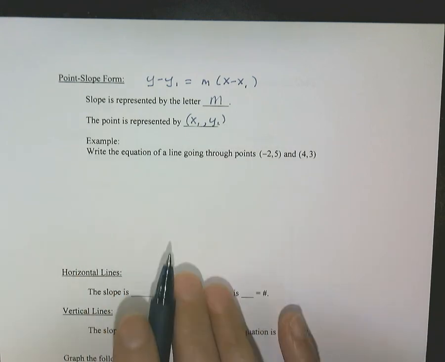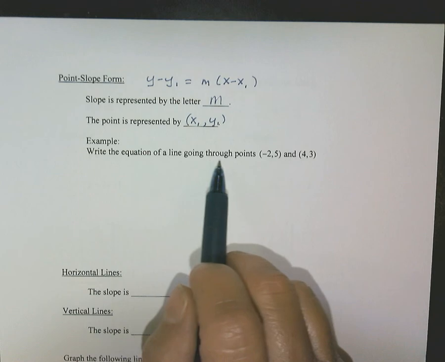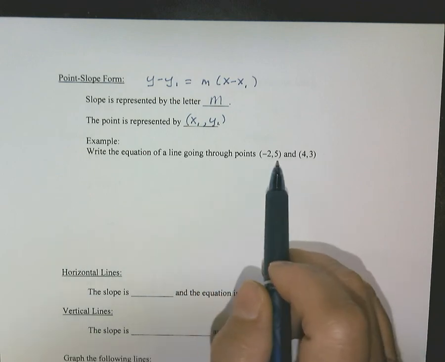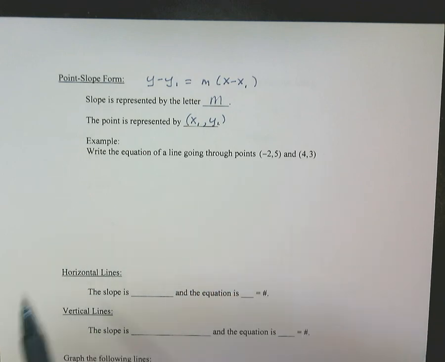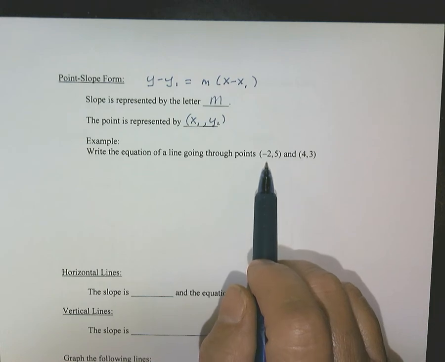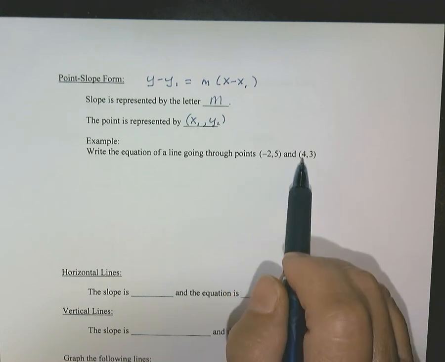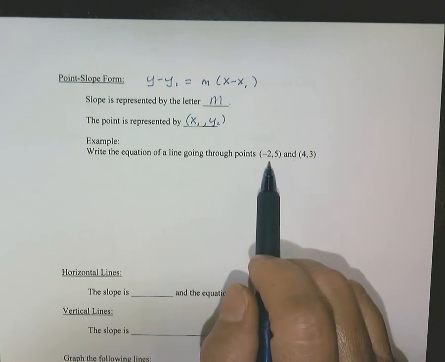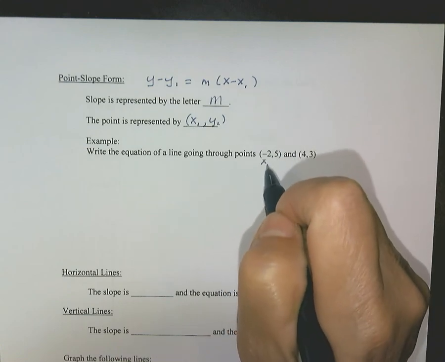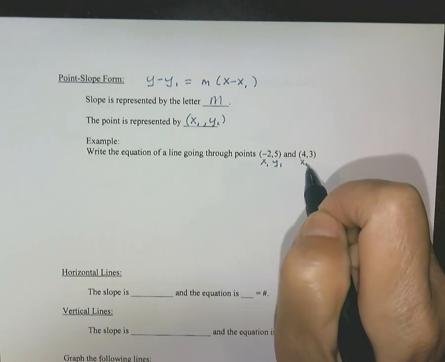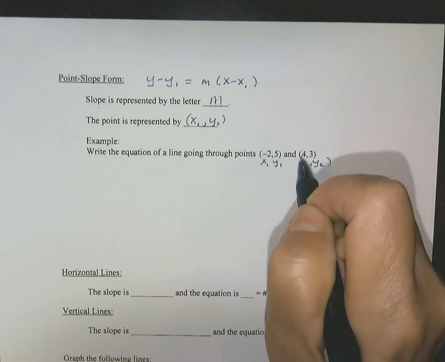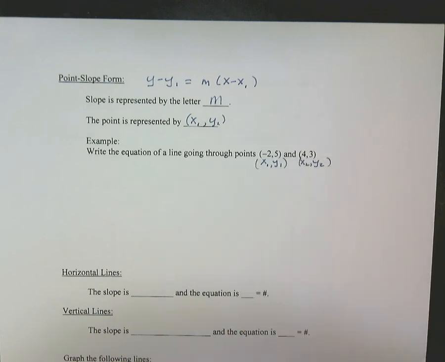So for example, I want to write an equation of a line going through these 2 points, -2, 5, and 4, 3. So it doesn't matter which point is x1, y1 and which point is x2, y2. Most of you are very comfortable calling this x1, y1 and this x2, y2. I could have written them in a different order and I would still get the same answer.